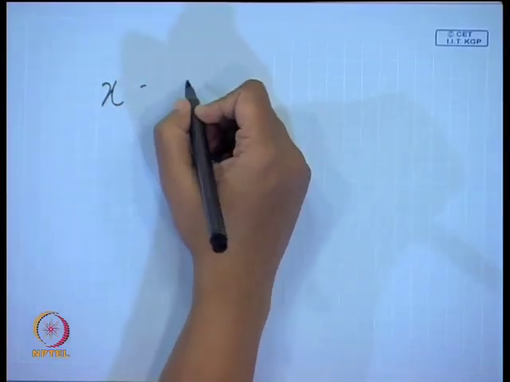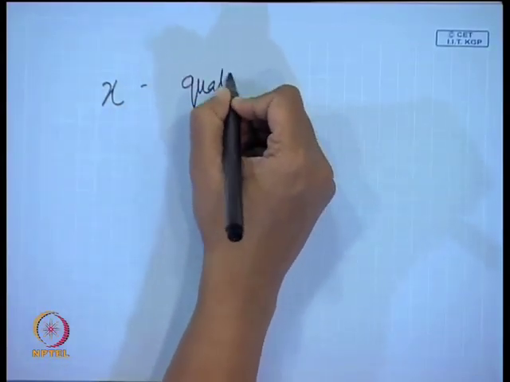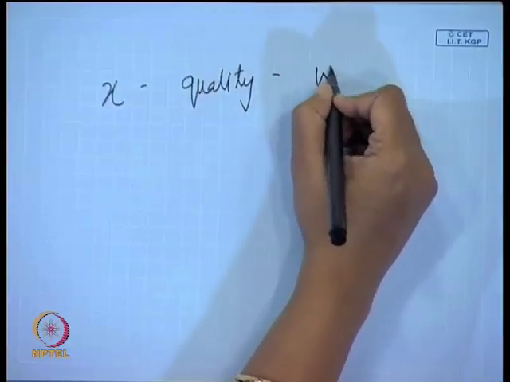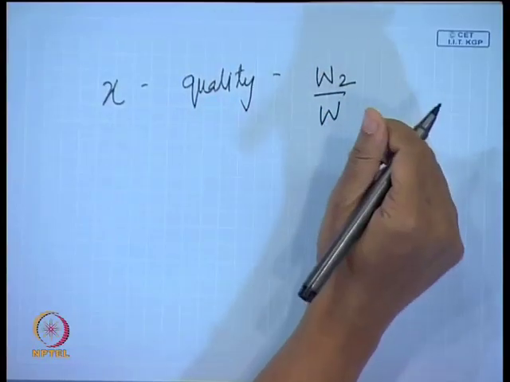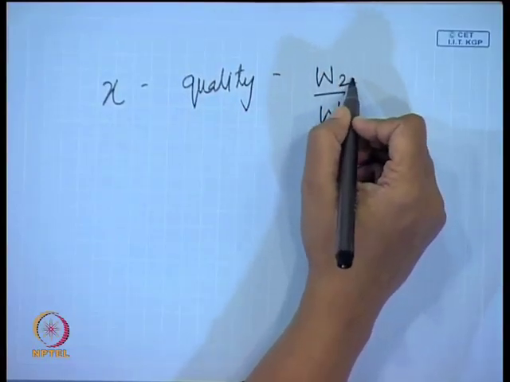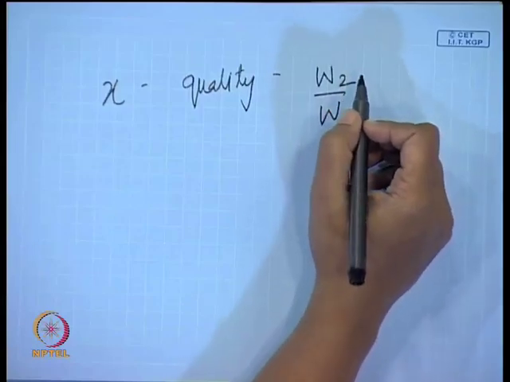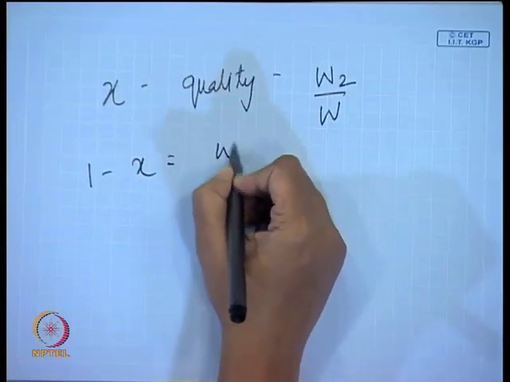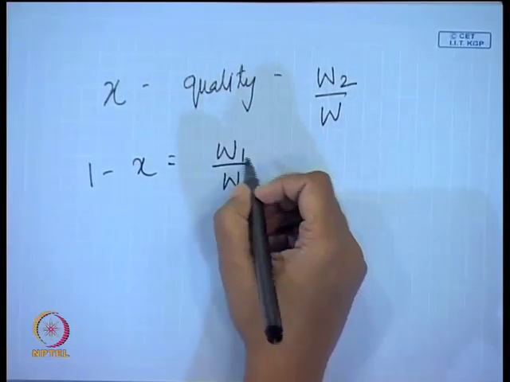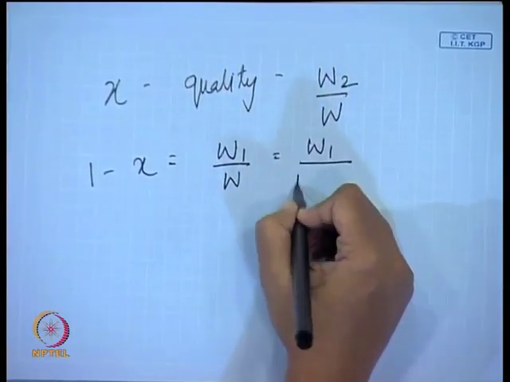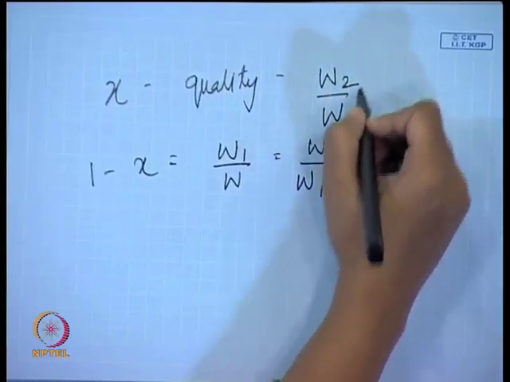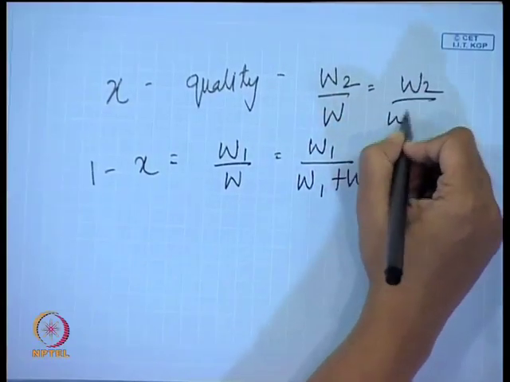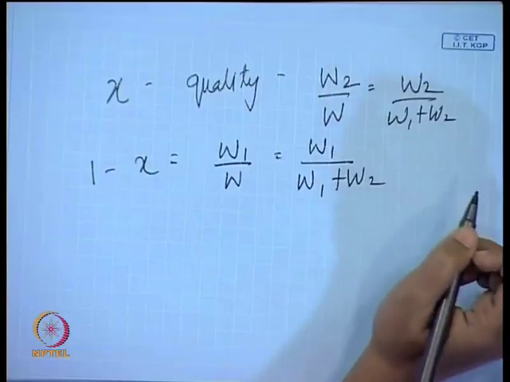From thermodynamics, we know that the mass fraction is usually defined as quality X, where X is nothing but W2 by W, where 2 is the lighter phase or the discontinuous phase, usually the vapor phase or the liquid phase in this condition, and 1 minus X is naturally W1 by W. We can write it in this particular way.